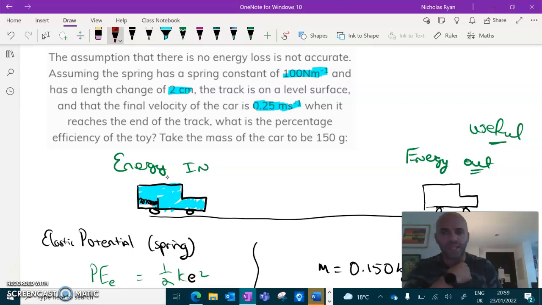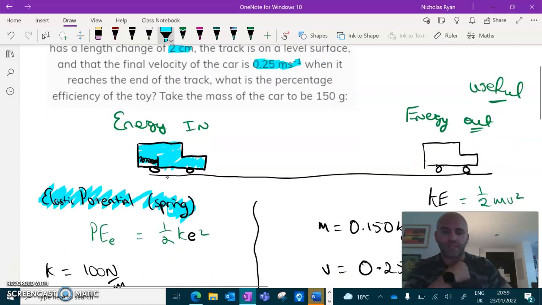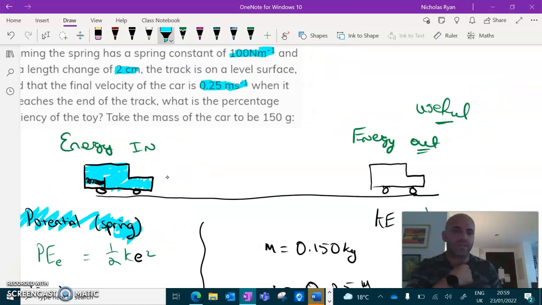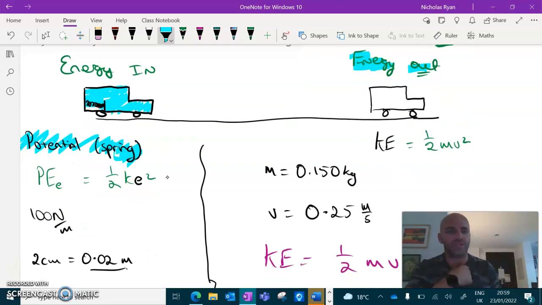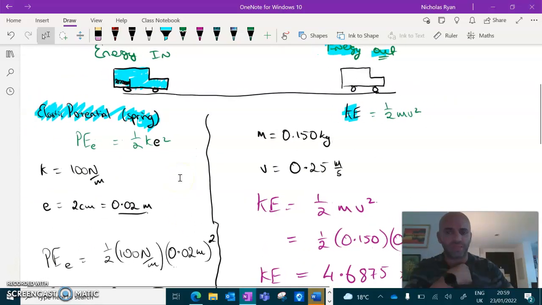You've got the elastic potential energy part, where the energy is stored before the car is released, and then once it's released, you've got energy out, and of course that's in the form of kinetic energy. Okay, so if you understand that much, then it's not too bad.